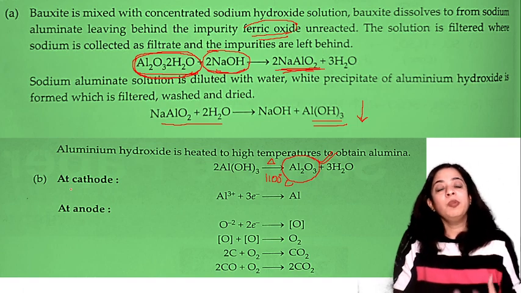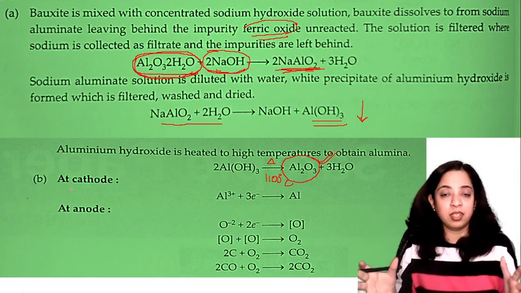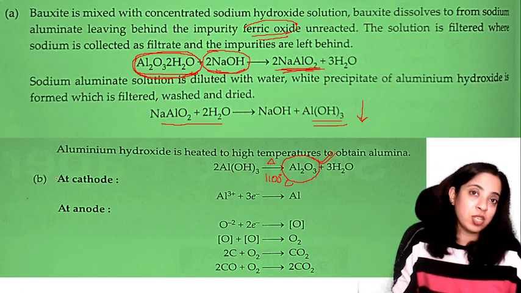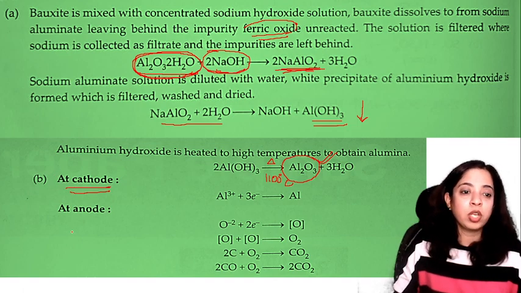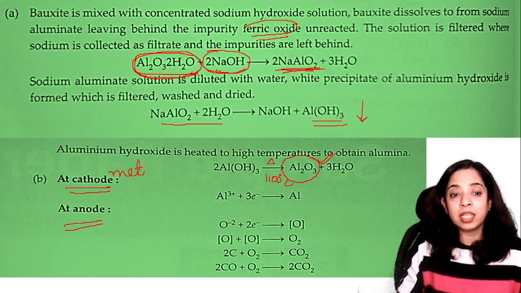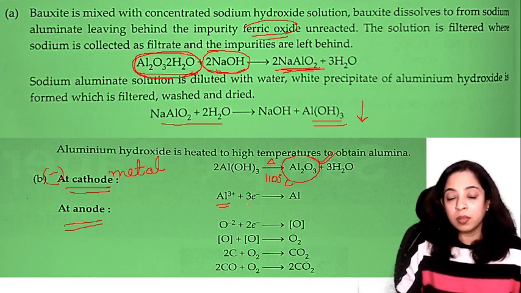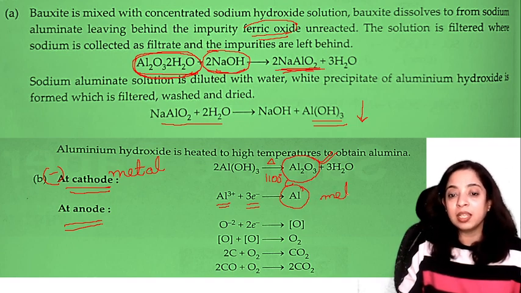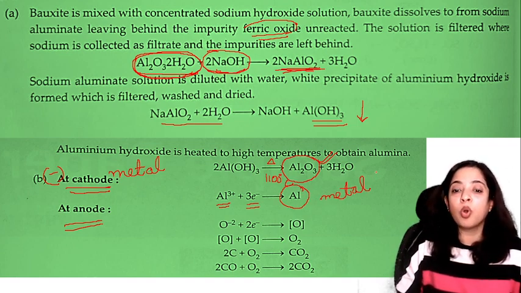Now this pure alumina is taken in an electrolytic jar and then electrolysis happens. Let's see what happens at cathode and anode. I told you metals are formed at the cathode. Metal ions, being positive, go towards the negative electrode, that is the cathode. It accepts 3 electrons and forms aluminium metal, the metal in pure form.